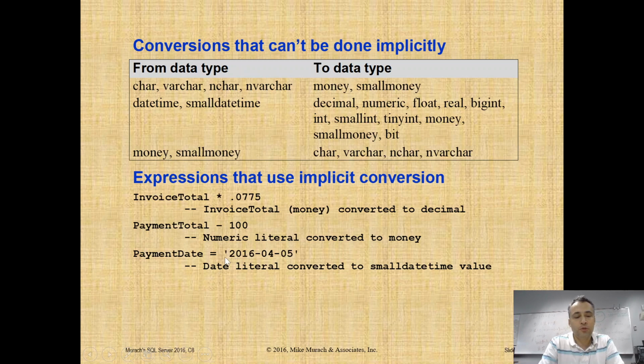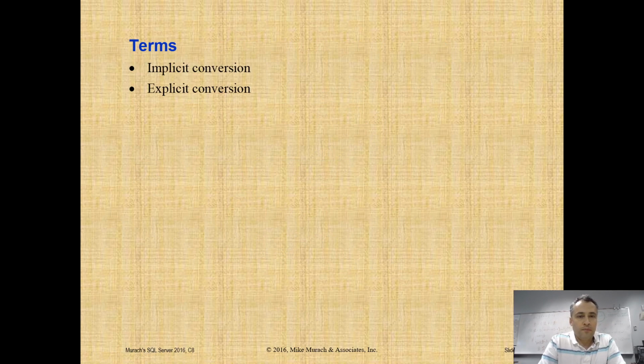If you choose to change payment date to this date, depending on a condition, like we did previously, this date literal is converted to a smalldatetime value because that was the format of payment date, as I showed you earlier. So there is implicit conversion.